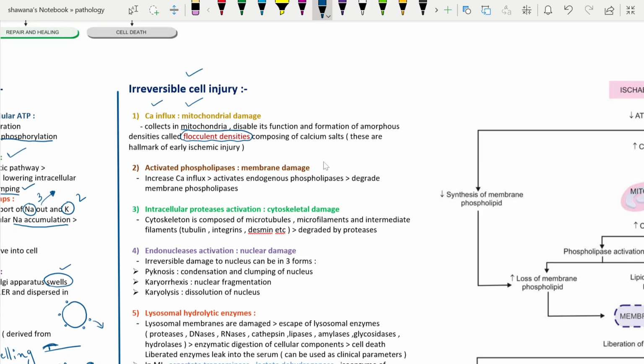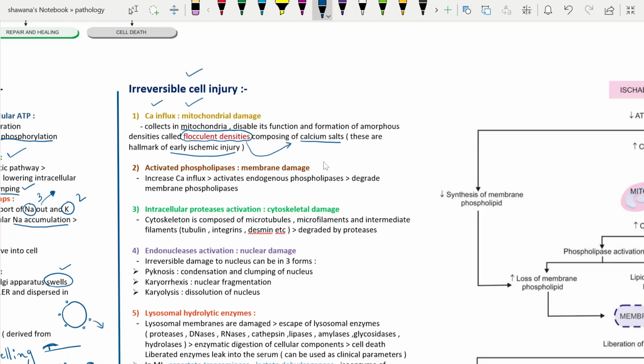These are calcium salts, and these are the hallmark of early ischemic injury. Ischemic means that there is interruption of the blood supply to a particular cell or organ. So if there is an ischemic injury at the early stage, flocculent densities will form in the mitochondria, and these are nothing but calcium salts.